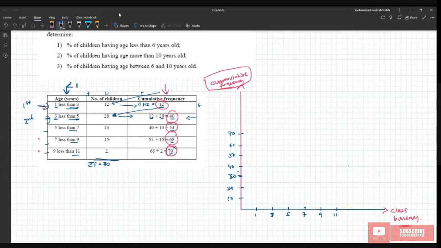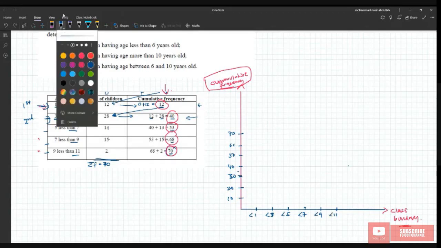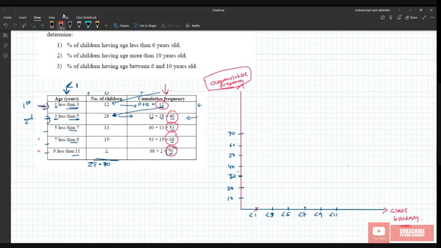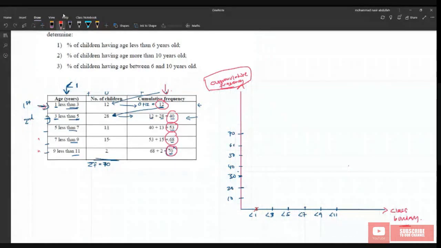For the first graph, less than 1, for less than 1, the value of cumulative frequency is 0, right? For less than 3, the value of cumulative frequency is 12. So we're going to put 12. And for less than 5, the value of cumulative frequency is 40. So we're going to put in 40.